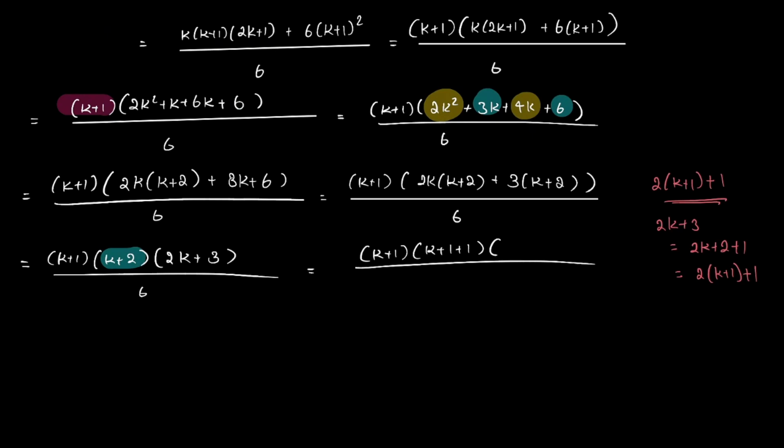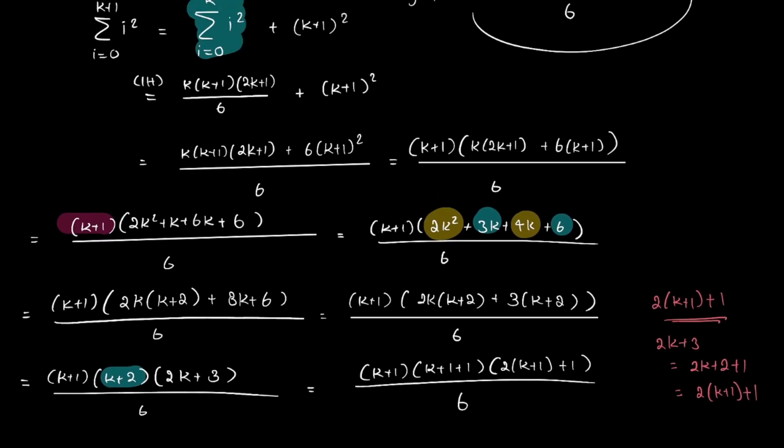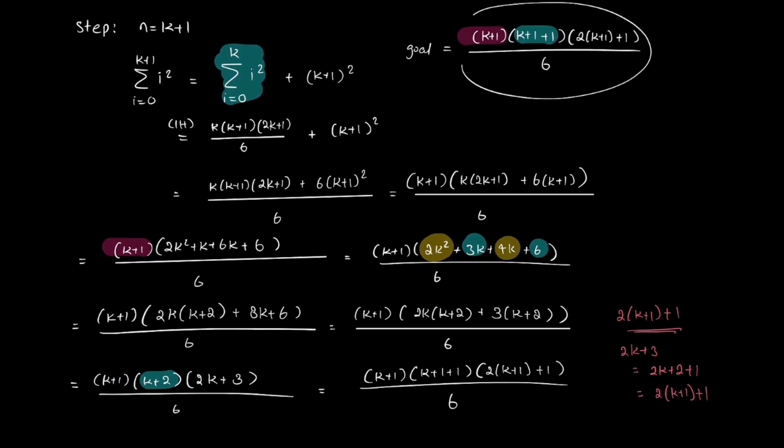So instead of 2k plus 3, we're just going to write 2 times k plus 1 plus 1, and all over 6. And this is perfect because we are done. Our goal was to prove this. We were trying to reach this expression, and we have exactly derived that expression. So that means that the summation is equal to this. So the claim holds for k plus 1.